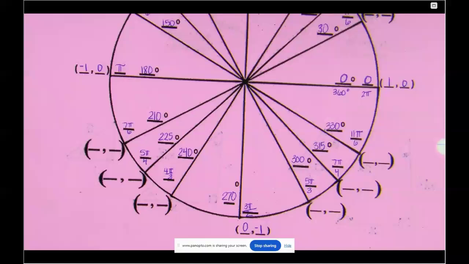Okay? So you don't have to write anything on your regular paper if you don't want, but I want you to be able to tell me the sine of 30, the cosine of 30, the sine of 60, the cosine of 60, and then the sine of 45 and the cosine of 45. You don't have to know any other ones.